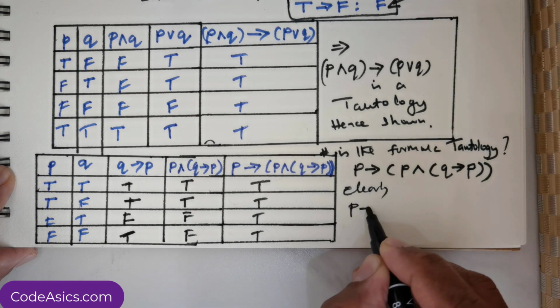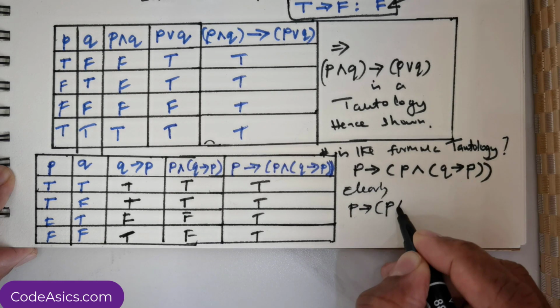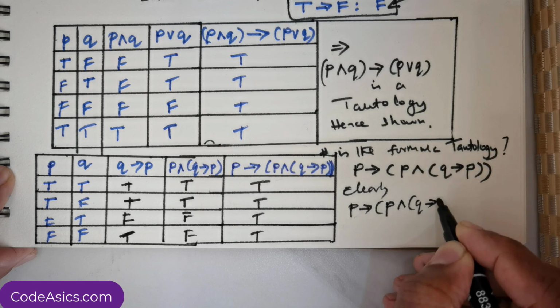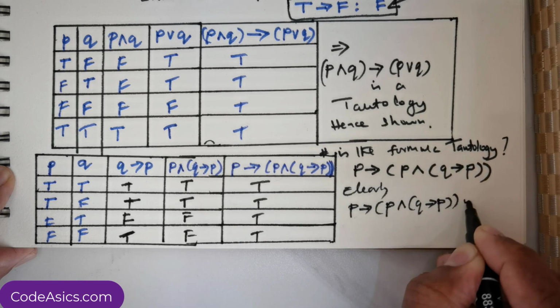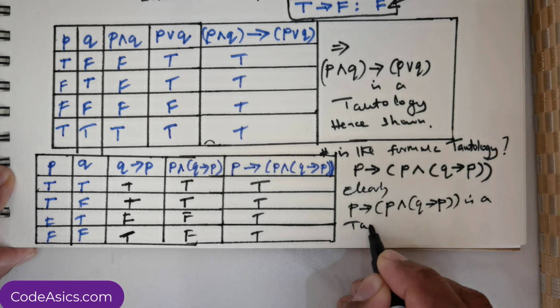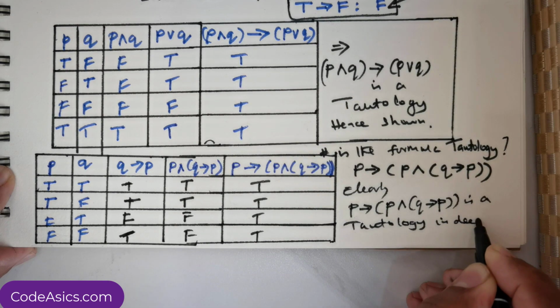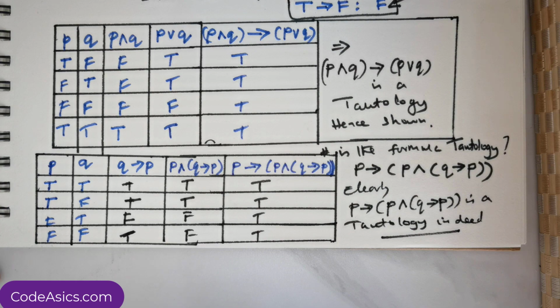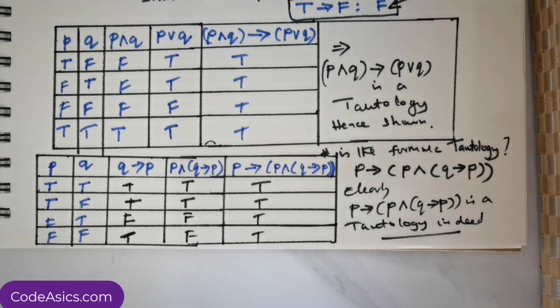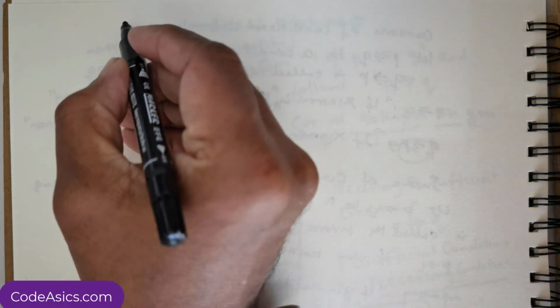Clearly, P conditional, P conjunction of Q conditional P is a tautology indeed. And we have shown that here in a great manner. So we move on. Let's do this question.